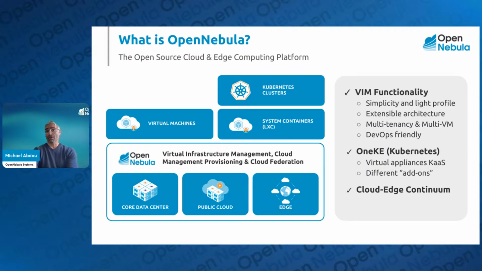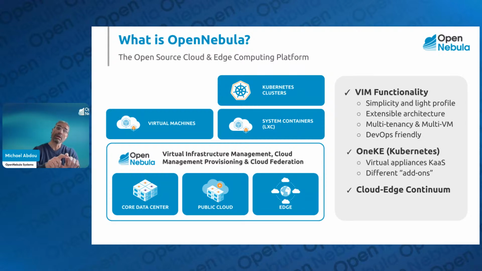So let me start quickly. What is OpenNebula? OpenNebula is an open source cloud management and orchestration software that ultimately allows you to create an enterprise private cloud. It allows you to utilize core data center resources, but you can also utilize bare metal resources from public cloud providers, as well as resources at the edge.